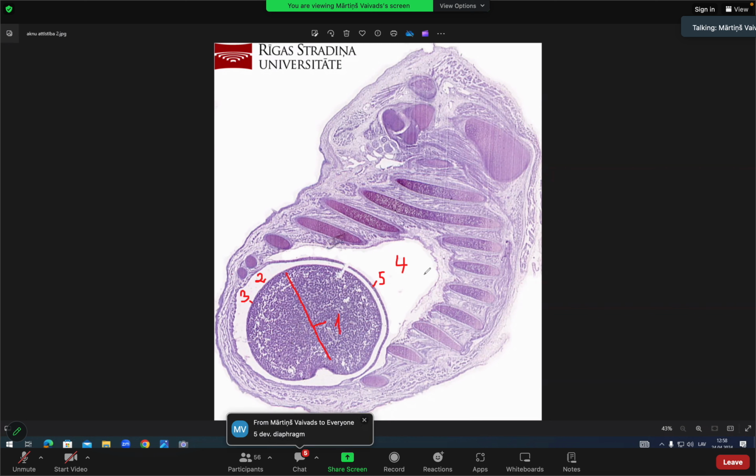Because it's the thoracic cavity, what are these structures surrounding it? Rib development. Yes, developing ribs. As simple as that. And who knows what's in between ribs?